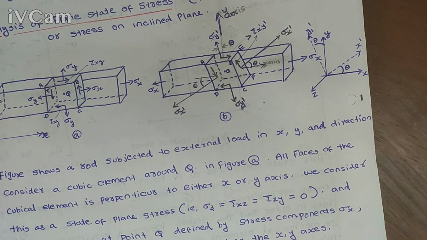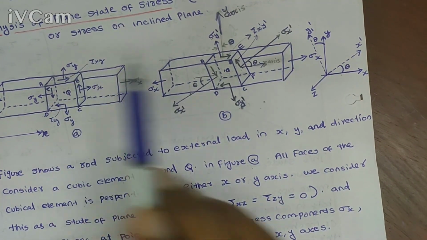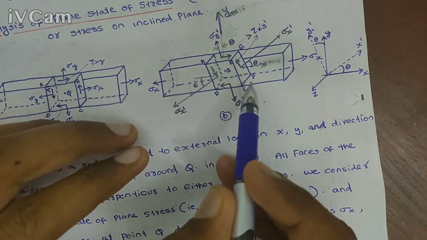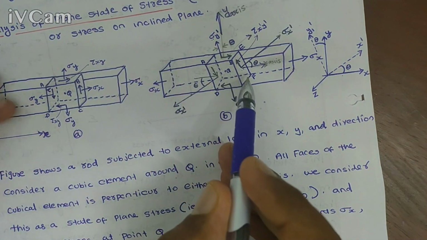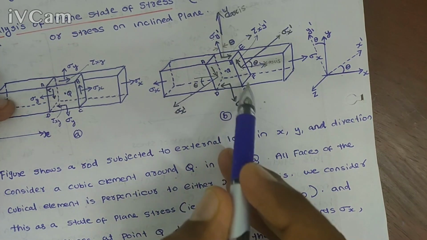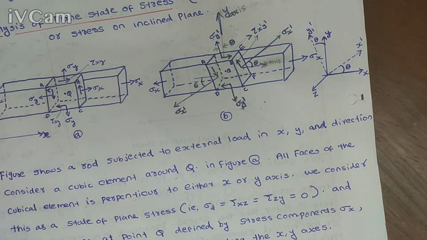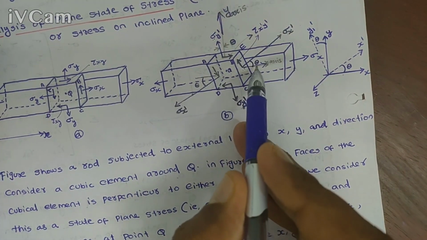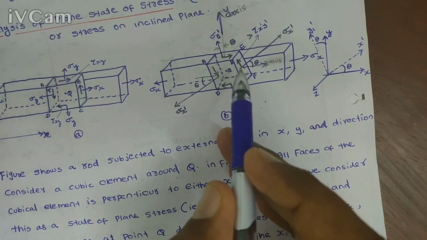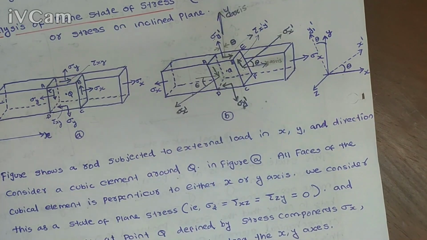Theta is an important parameter, because when we change the position from this point to the next point, for example, here the angle made by this plane and the horizontal is theta. If we rotate further, the angle may change from theta to theta 1, and correspondingly the normal stress will also vary.